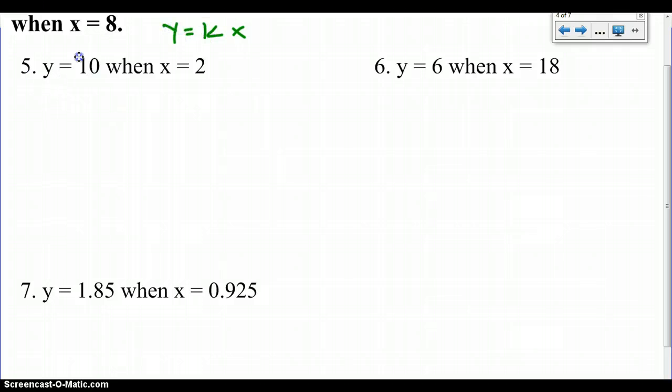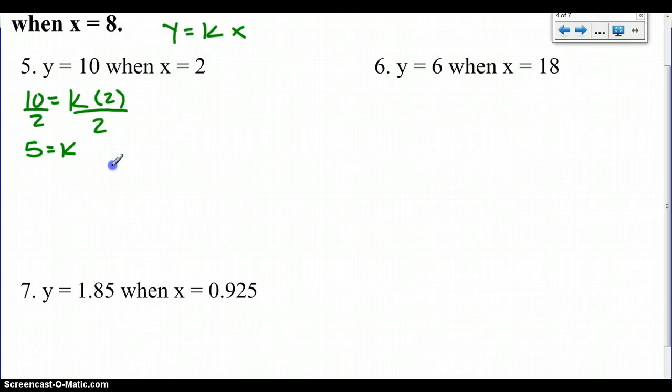So let's just plug in the numbers. 10 is equal to, and then we don't know our k, so we just put in k, but we know our x is 2. To get k by itself now, we just need to divide by 2. So 5 is equal to k. So our direct variation equation will be y equals 5x.